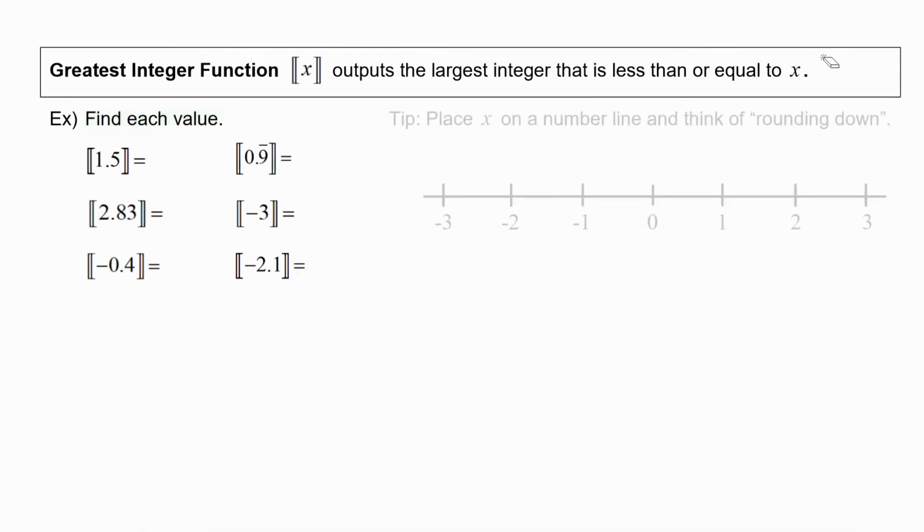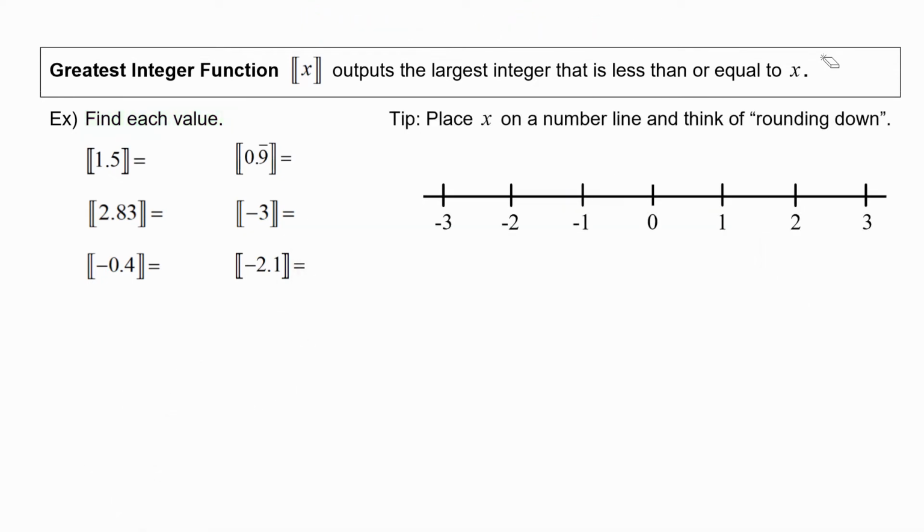A tip when you're trying to evaluate the greatest integer of x is to place x on a number line and think of rounding down. So if we want to find the greatest integer of 1.5, put 1.5 on the number line, and then find the largest integer that's still less than or equal to 1.5, and we would round down to 1.